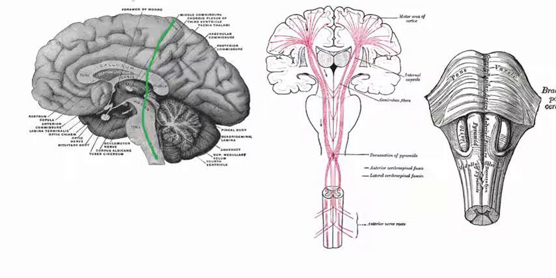Now this is where 90% of spinal nerves decussate. They cross the body to the opposite side. And then they continue right down to the rest of the spine.